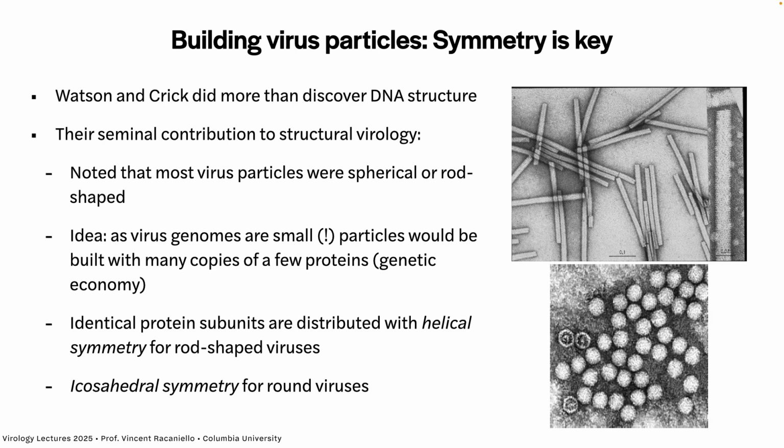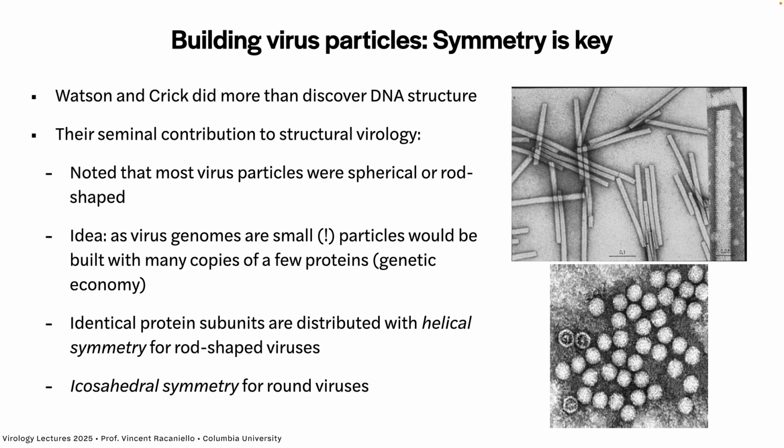And so they thought, well, maybe this means that virus particles are built using just a few proteins repeated many times. And that's why they have these specific shapes. They call this genetic economy. Nowadays, we know that we don't need to invoke genetic economy because there are giant viruses with huge genomes, right? But we didn't have any of those back then. And that's the way the idea evolved.